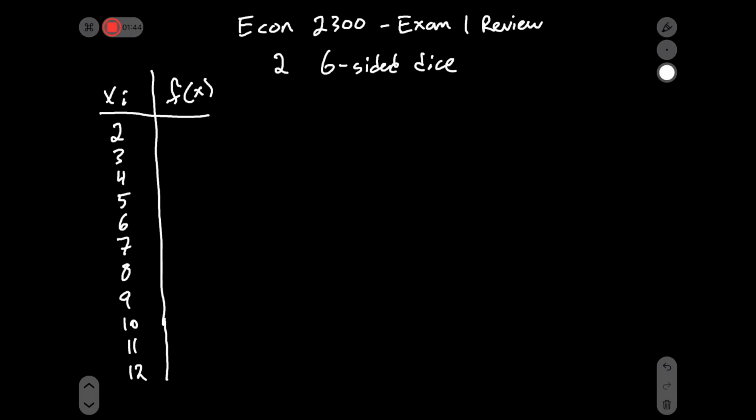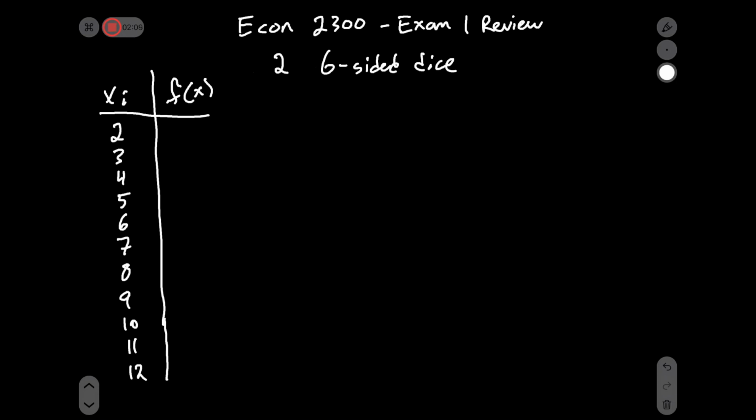Now, it's important in this case to understand how many total possible combinations there are as a result of rolling these two six-sided dice. So how many total possible different ways could the dice be rolled? We have to consider that there are two dice, each with 6 sides.